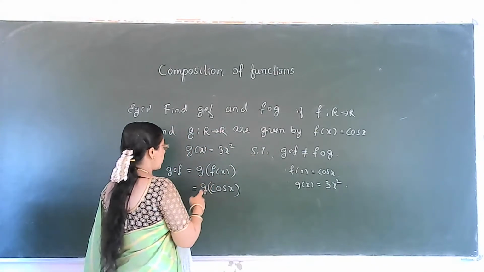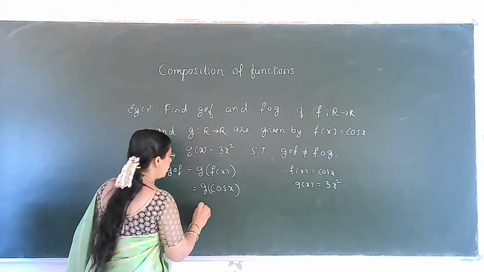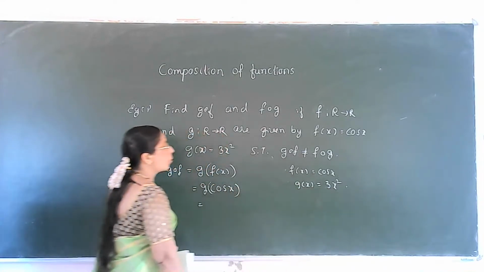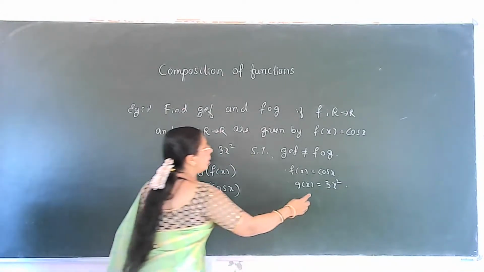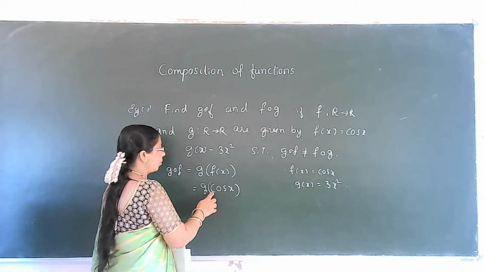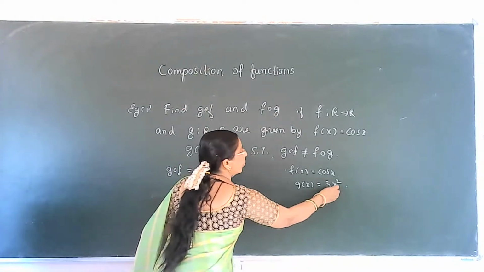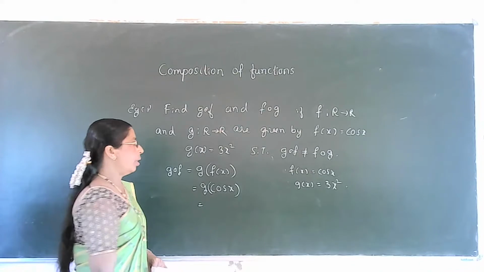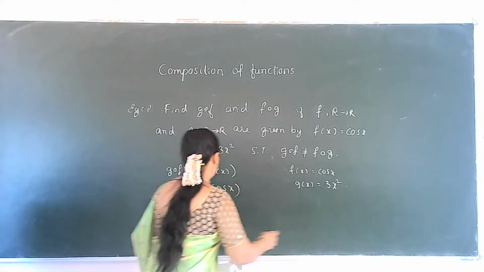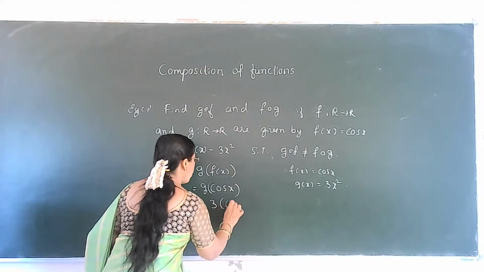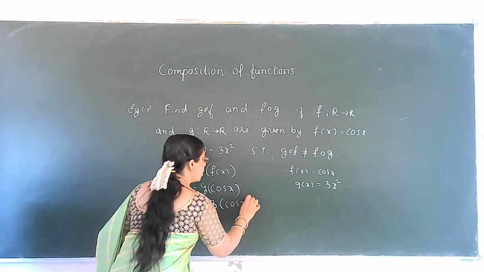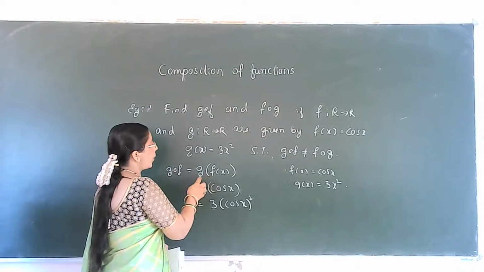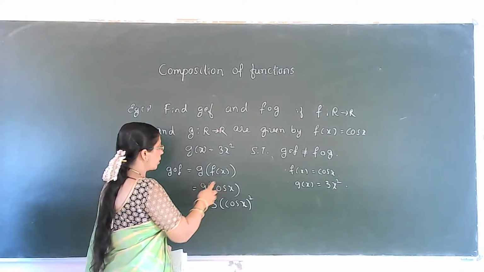Here g of f of x equal to g of cos x. g is a function which is 3x square. We put cos x in x. Substitute cos x in place of x, which gives 3 cos square x. Here g is a function of f of x.